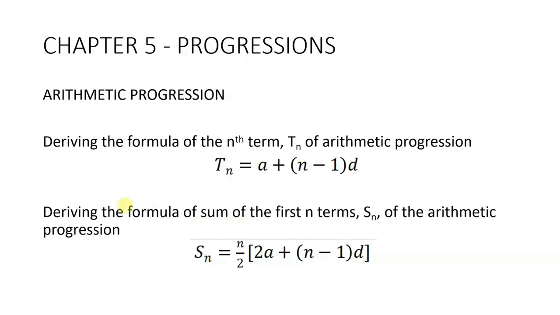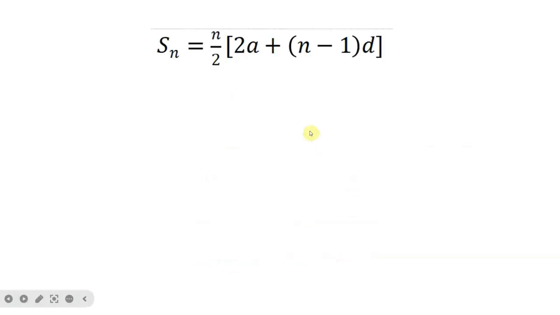Now, to derive the formula of the sum of the first n terms, Sn, which is the second formula here, we are going to use the same deduction method, meaning that we are going to list out S1, S2, S3, S4, and then use that to deduce this formula. And for this formula, it is easier if we use a diagram to help us.